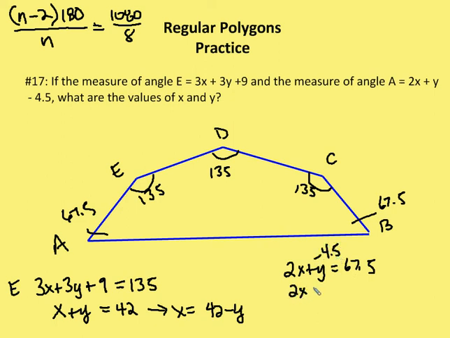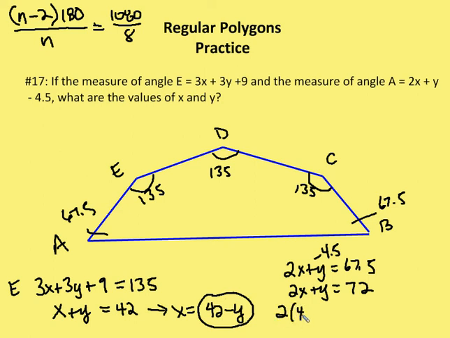So I'm going to say that 2x plus y is equal to 67.5 plus 4.5, which gives me 72. And so in this case, what I can do is substitute the value that I just got for x and then solve for y.